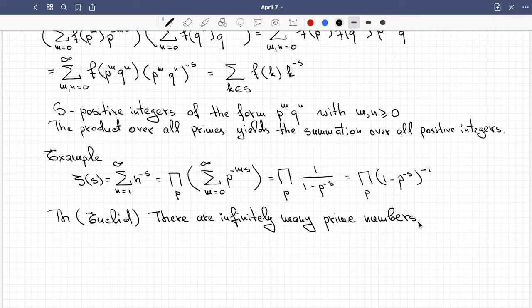The theorem has more than one proof, and now I want to show you Euler's proof. Invented 1700 years after Euclid.